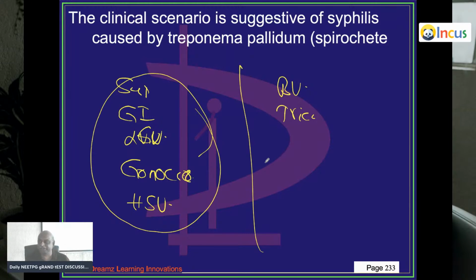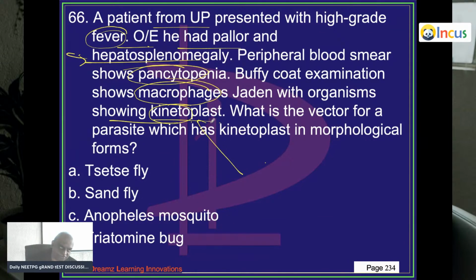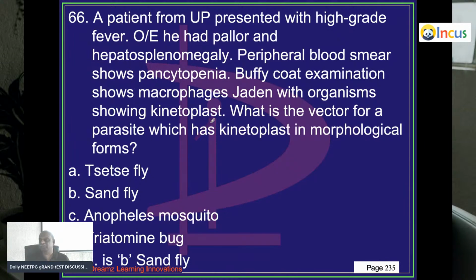A patient from UP presented with high-grade fever, with pallor, hepatosplenomegaly, pancytopenia, buffy coat shows macrophages laden with organisms which are showing kinetoplasts. Which vector? Kinetoplasts.